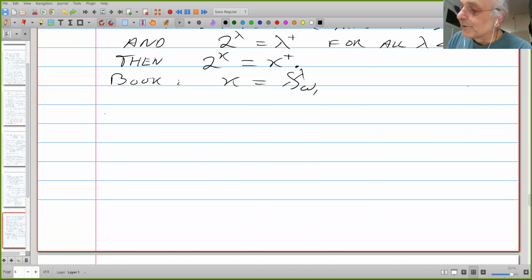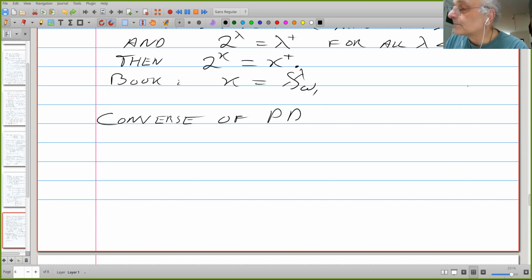Oh, what about the converse of Fodor's theorem? Well, of Bloch's theorem as well. The pressing down lemma is generally abbreviated PDL.